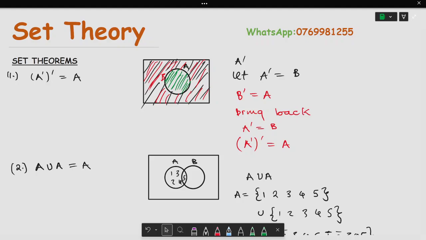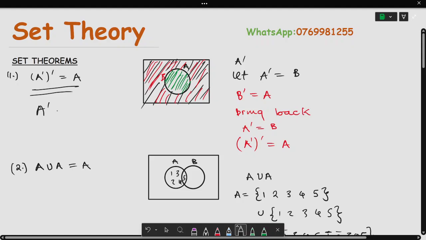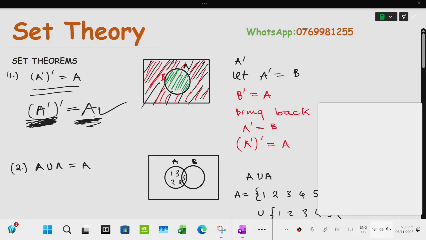But you will find that they will not directly give you this and ask what it is equal to. No, you find that this will just come along as you are solving a question, then you reach this point and you can simplify from there to this. So we're going to meet one or two examples that are based on this theorem.